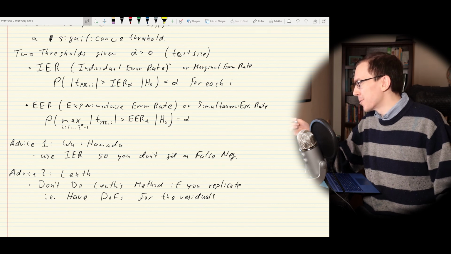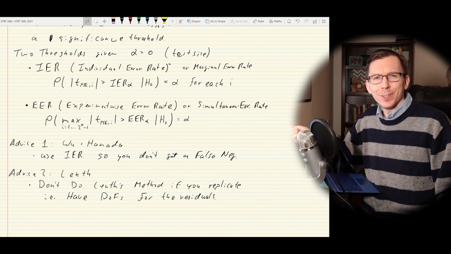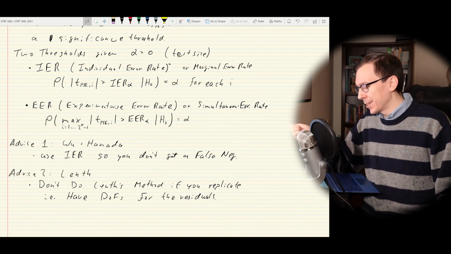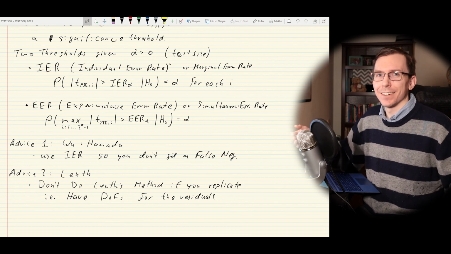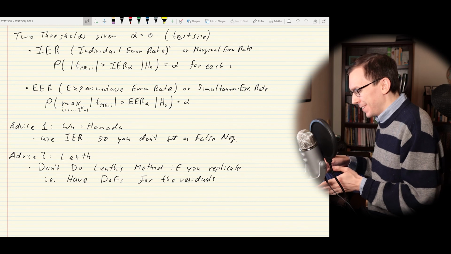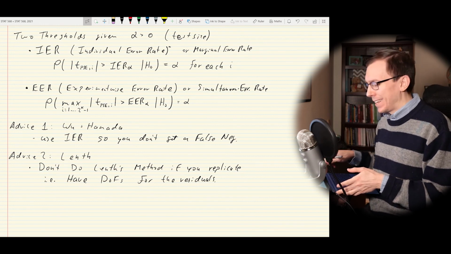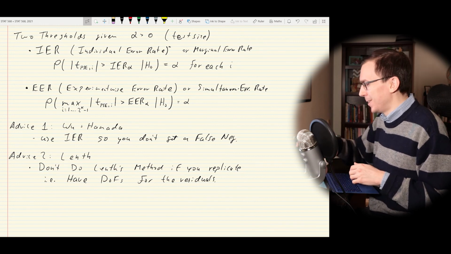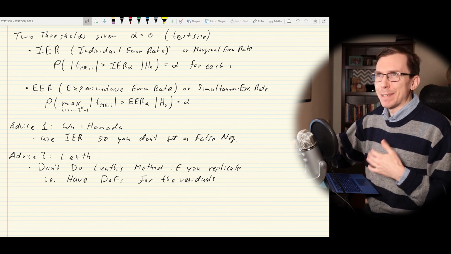I just thought it was an interesting quote coming from Lenth that he says basically, don't use my method if you have degrees of freedom to just do the standard analysis of variance. So thank you, Lenth, for being humble about that and not just saying, use my method all the time, as so many people often do.